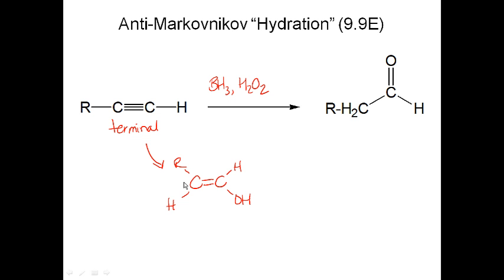So then I would get this enol, and then this enol would undergo tautomerism to form the aldehyde. So I can do Markovnikov or anti-Markovnikov hydration to either form ketones with Markovnikov, aldehydes with anti-Markovnikov.